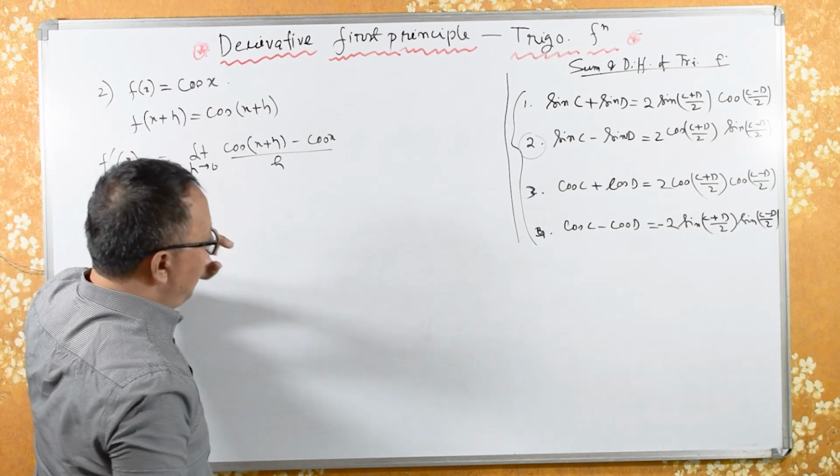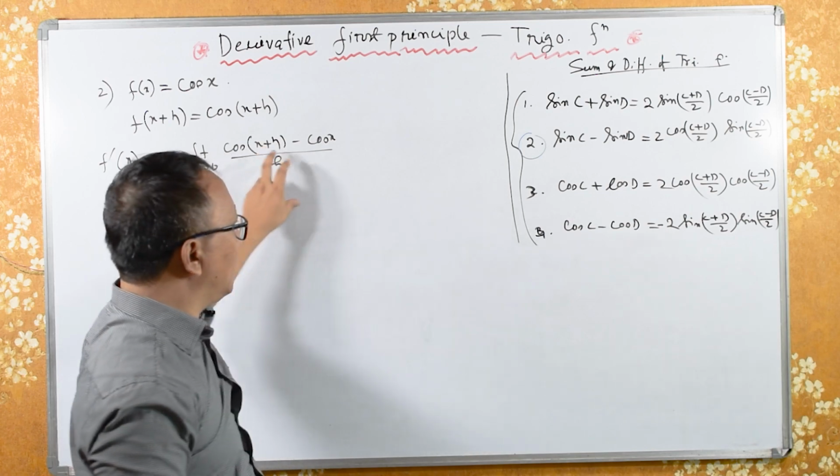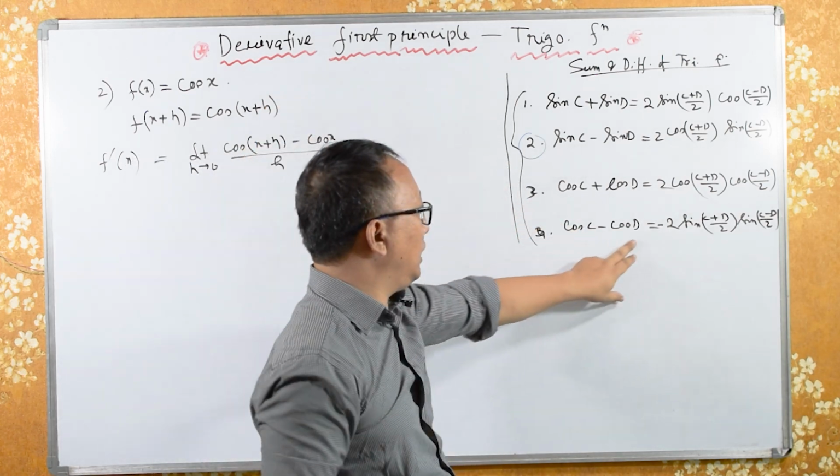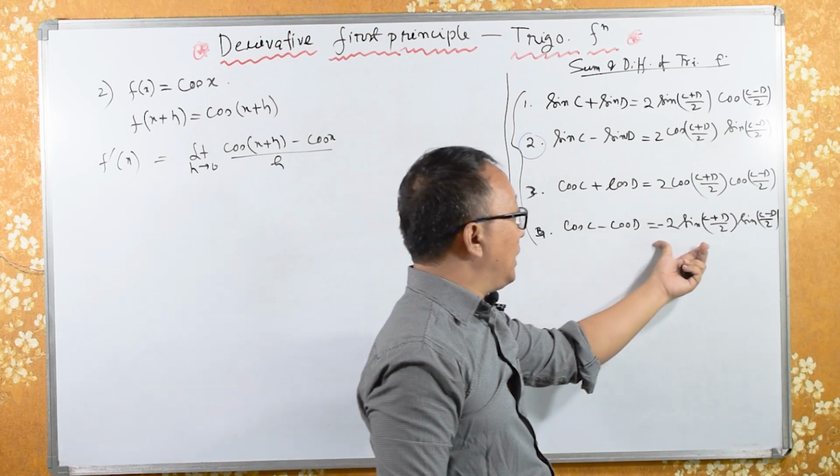Now look here. This is the same as cos c minus cos d, so just apply this formula.